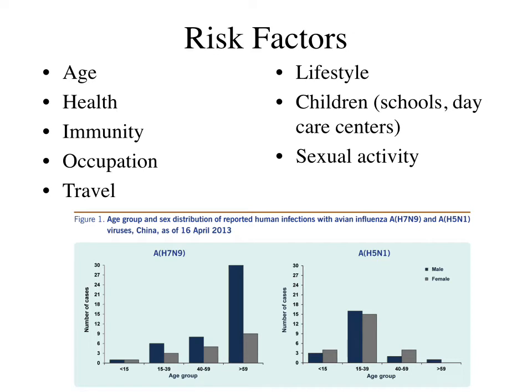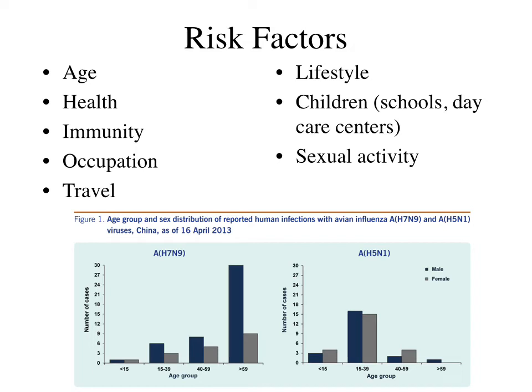And we can see this in this graph at the bottom. These are two different types of influenza virus. And with the one on the left, you can see that males versus females tended to be infected more often. And then if we move over to the right side, we can see that it remains much more equal in the distribution.